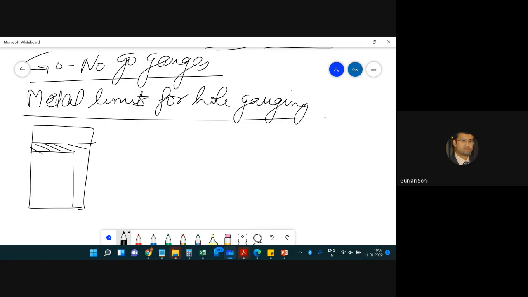Let's say this is the MML, I'm going to write maximum metal limit, and this is a hole. So correspondingly, this is your upper limit. If I am going to make a go gauge, it should be somewhat like this. It should be designed for maximum metal limit, go gauge. And your no-go gauge should be designed for lower metal limit.